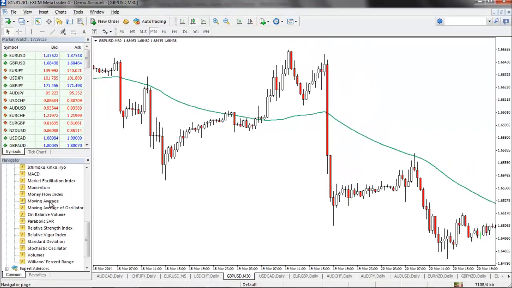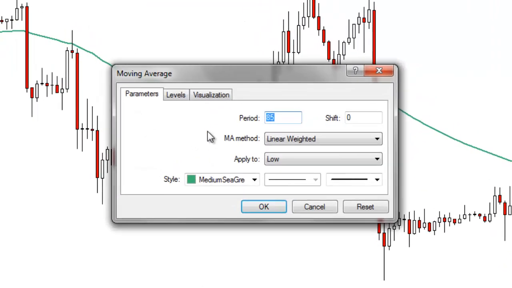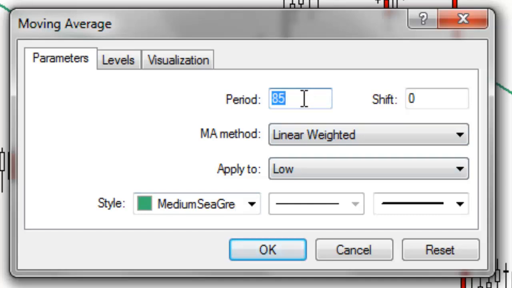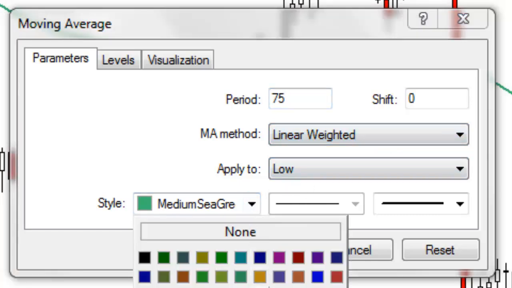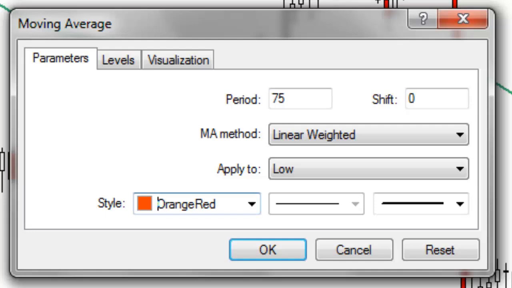Now place another moving average. Here all the settings are the same except the period. Change the period to 75, and the other settings are shift 0, moving average method linear weighted, apply to low, and select a different color. Here I am selecting orange red, and select some width. Click OK.